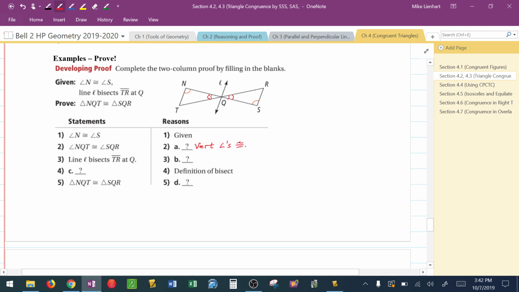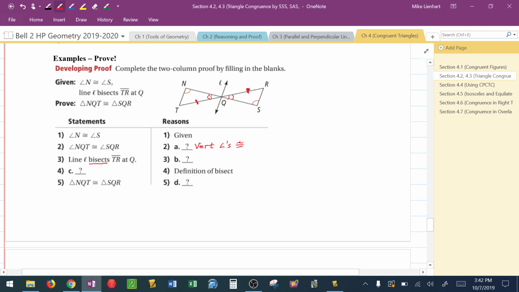All right? The next thing they do is they say line L bisects segment TR at Q. So here's what that's telling me. That's telling me that this side and this side have to be congruent to one another because of this word bisect. All right? Now, how do I know that statement is true?